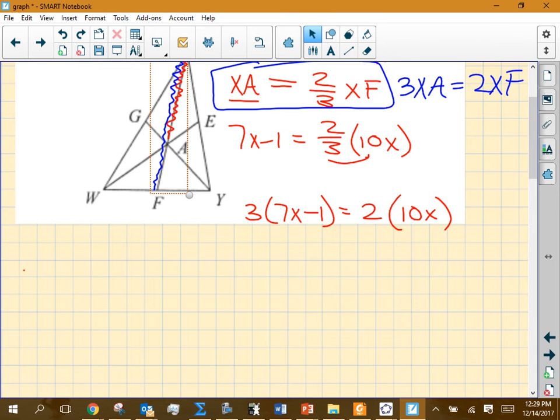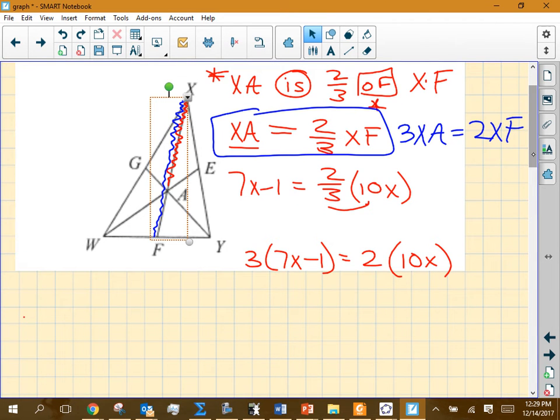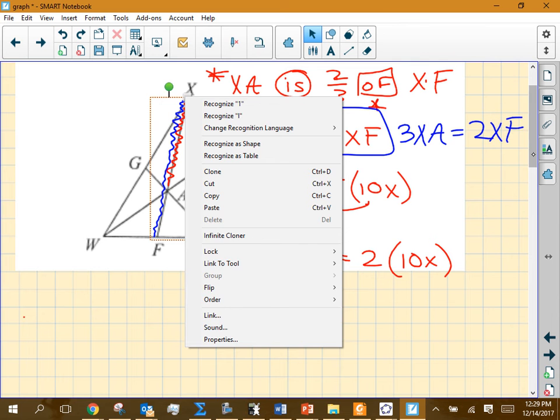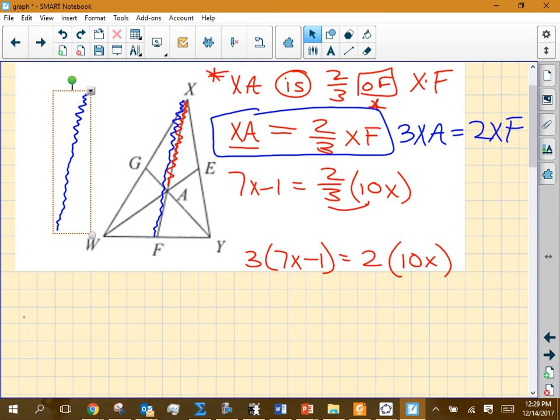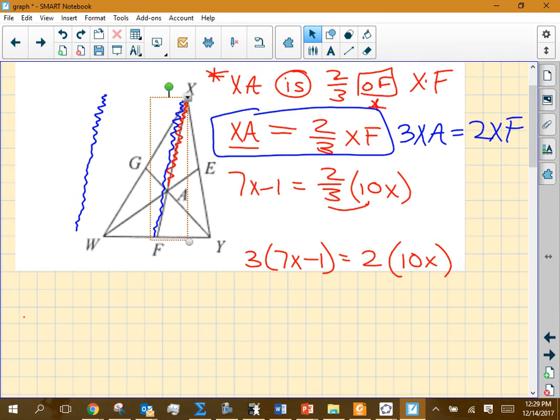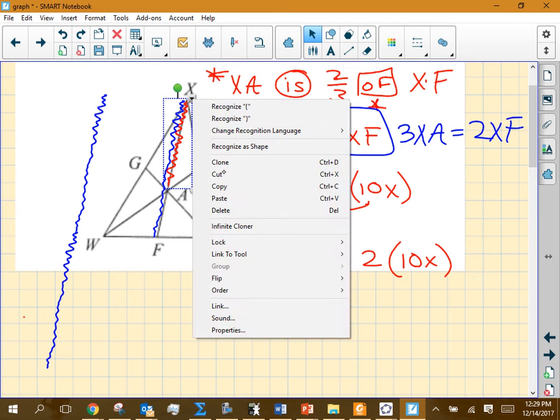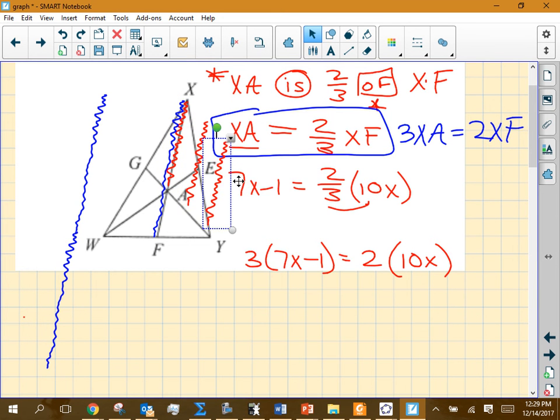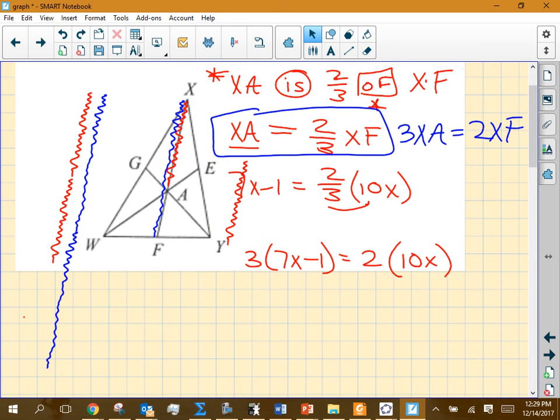If I look at the statement where we said 3 XA is equal to 2 XF, what that is doing, conceptually, is saying we're going to take two blue ones, and we're going to stack them end to end. And then that should equate to three of these red ones stacked end to end, right?